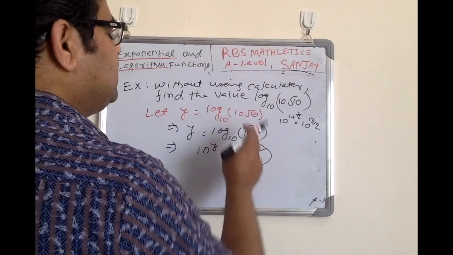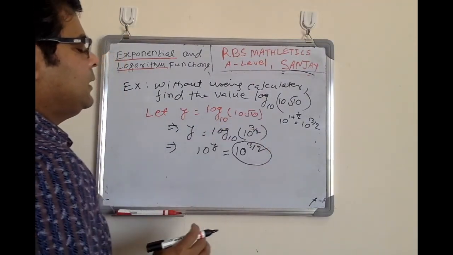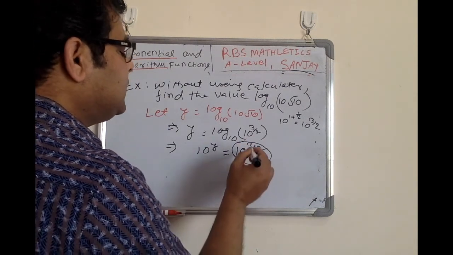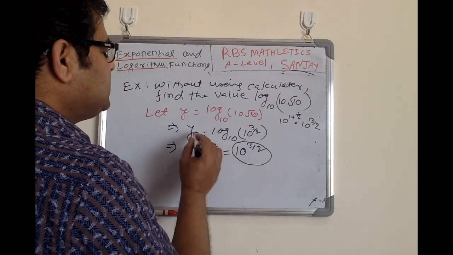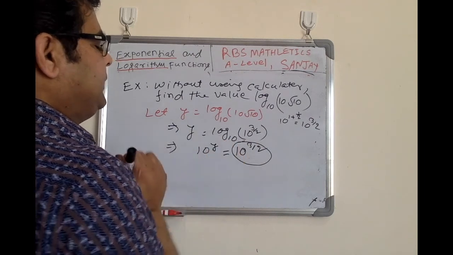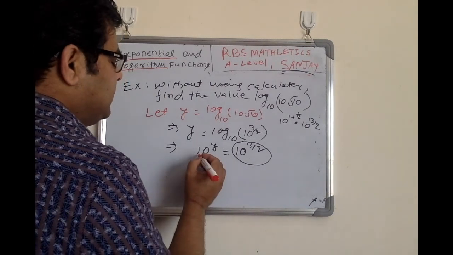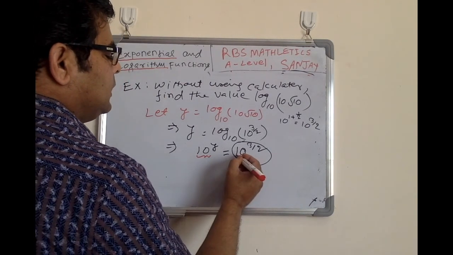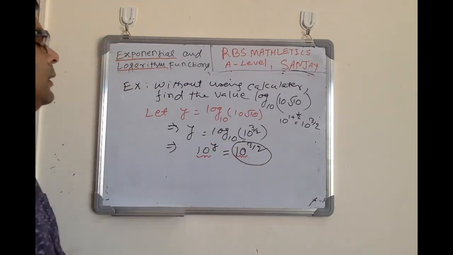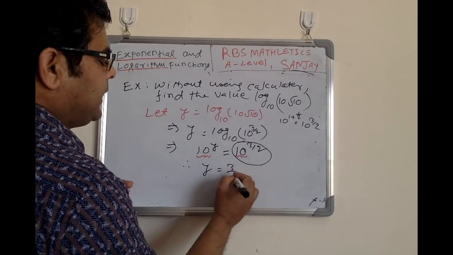If you go in the reverse way, from the exponential form to the logarithm form, we can do so again. So y is the logarithm of 10 to the power 3 by 2 to base 10. Now, what feature can you see here? The base on the left side and on the right side are the same, so they are equal. Therefore, y is going to be equal to 3 by 2.